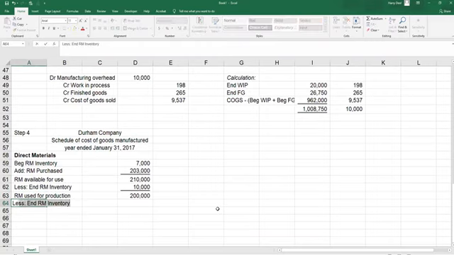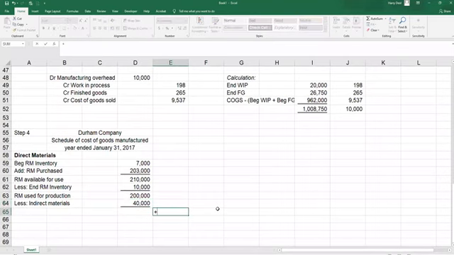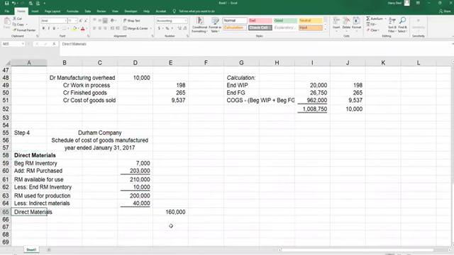Of this amount, indirect materials were 20% at $40,000. From 200,000, take away the $40,000 for indirect materials, and we get the cost of direct materials, $160,000.